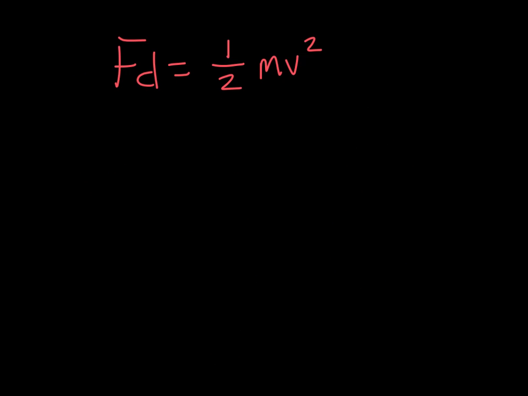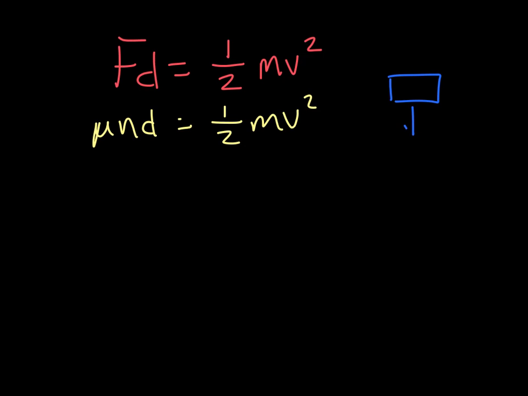Now we know that friction is mu n times d equals 1 half mv squared. If you are looking for the normal force, you have this little force diagram, straight back from normal 1. It's not accelerating, so the sum of forces equals 0, or n minus mg equals 0, or n equals mg.